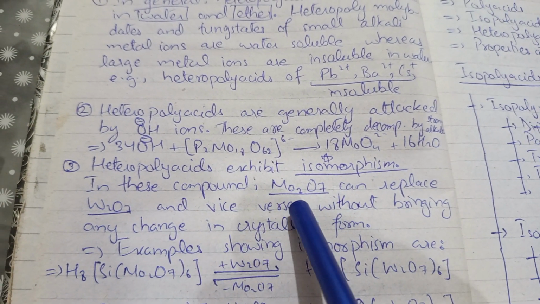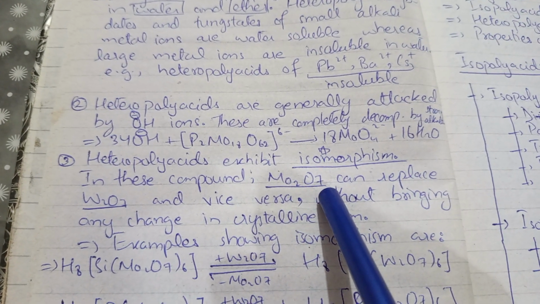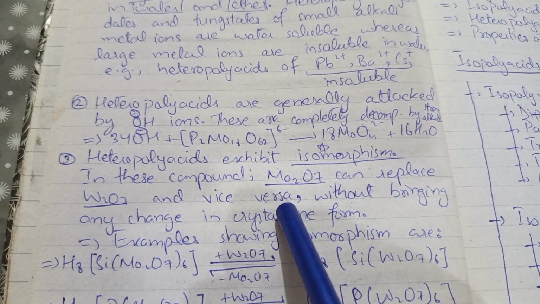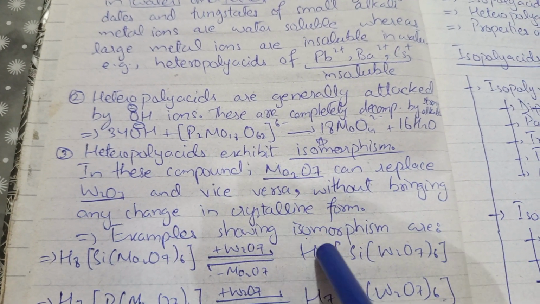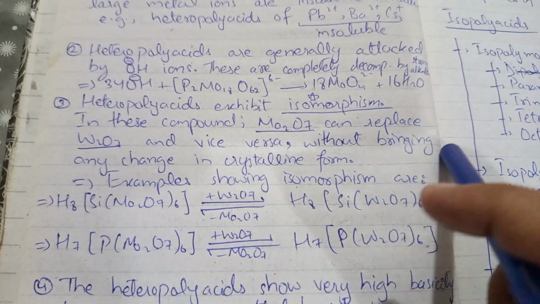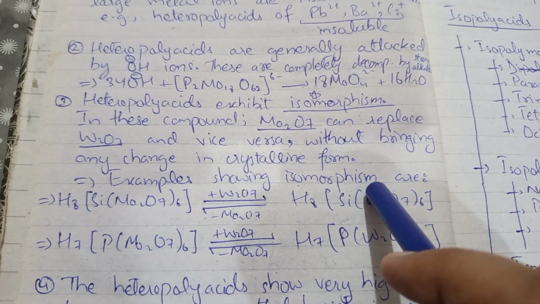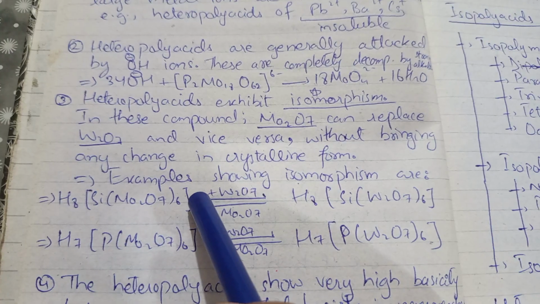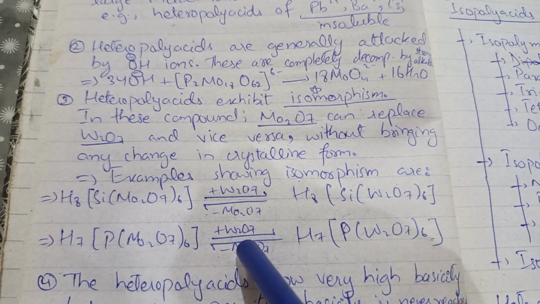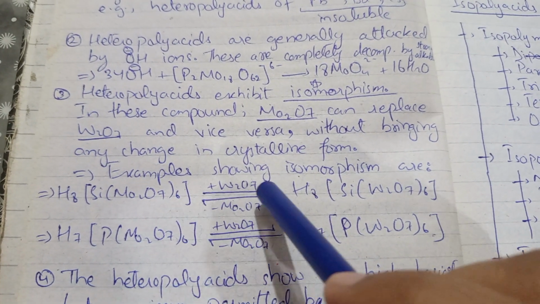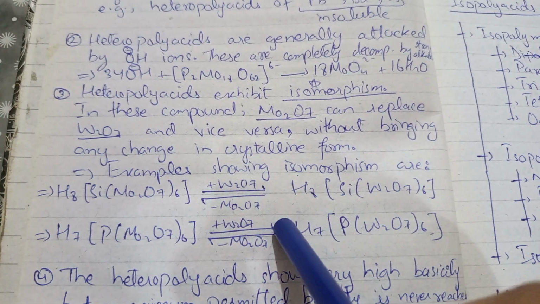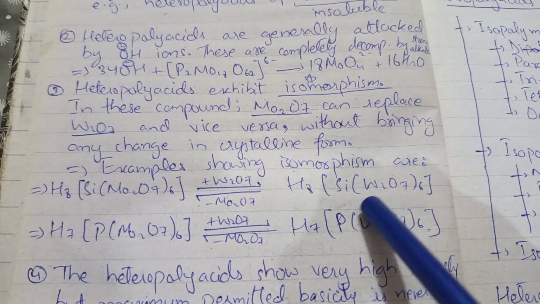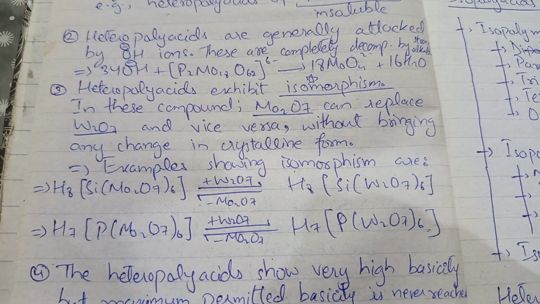In these compounds, MoO3 can replace tungsten oxide and vice versa without bringing any change in crystalline form. Examples showing isomorphism are these two chemical reactions. These are showing some examples of isomorphism, right?